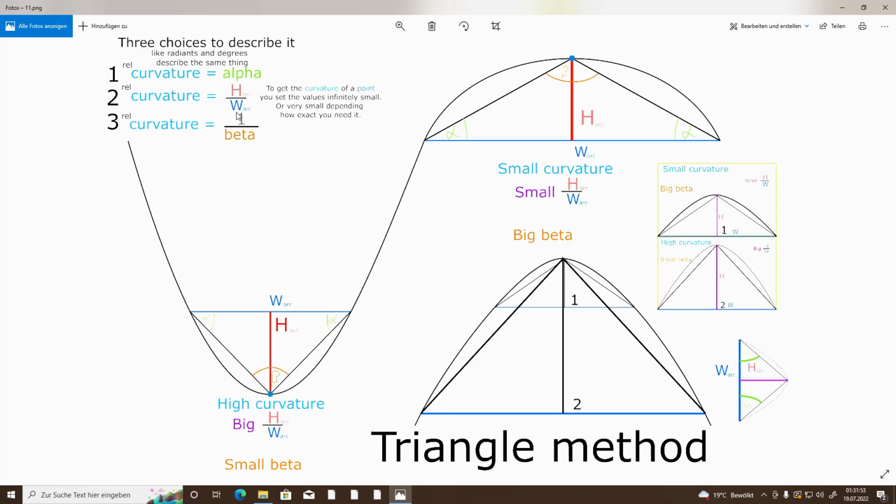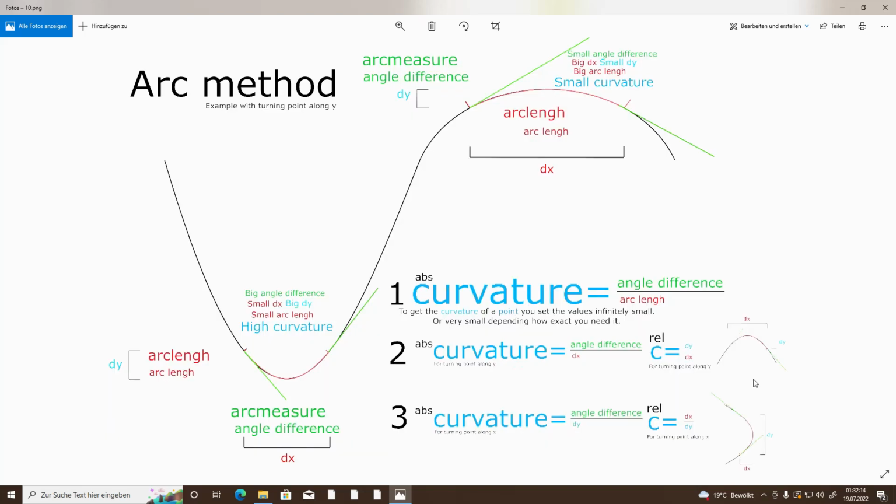Yeah, H arc, W arc is the next. That's basically the same, like dy and dx. The interesting thing is that when the arc swaps axis, the H and the W swap too, because in the arc method we had to switch dy and dx manually.